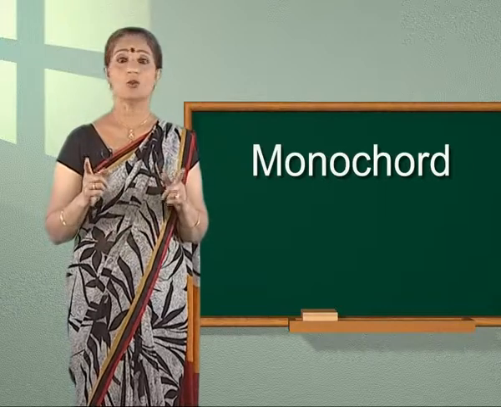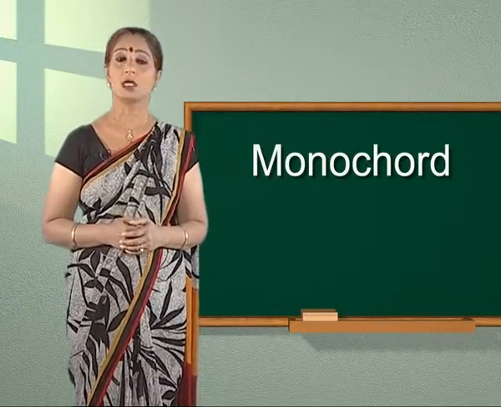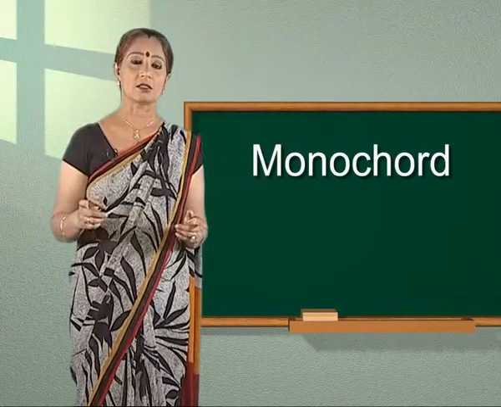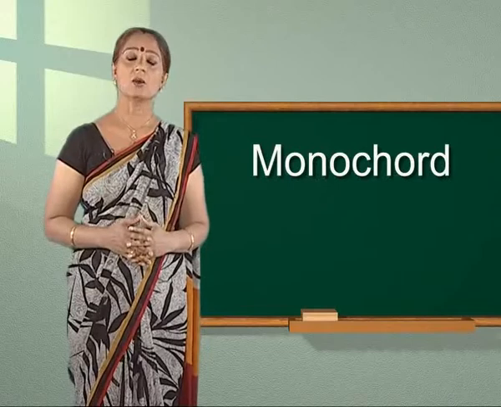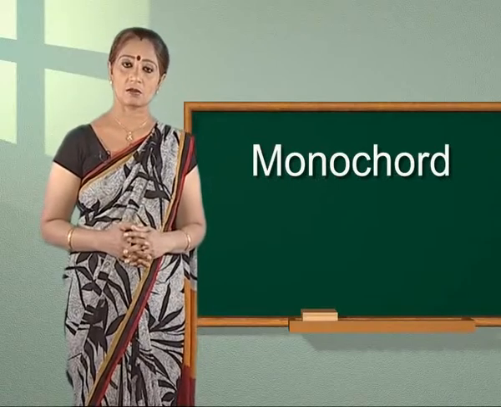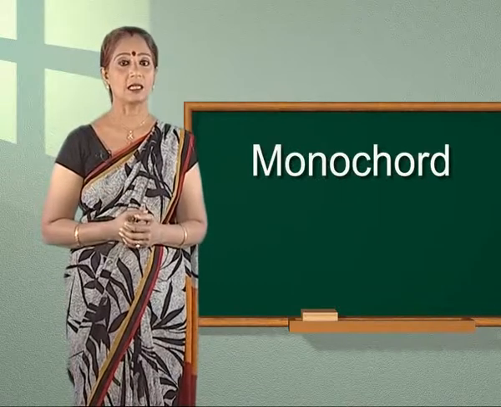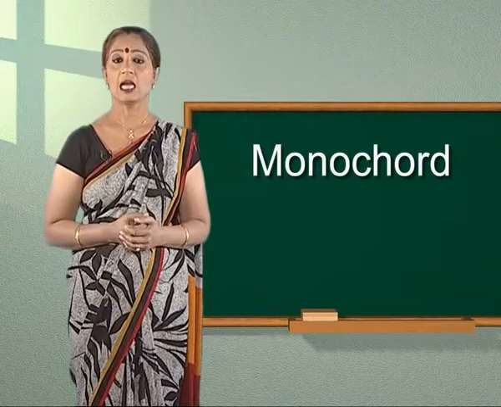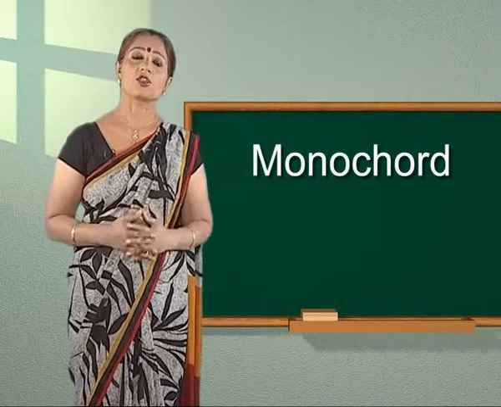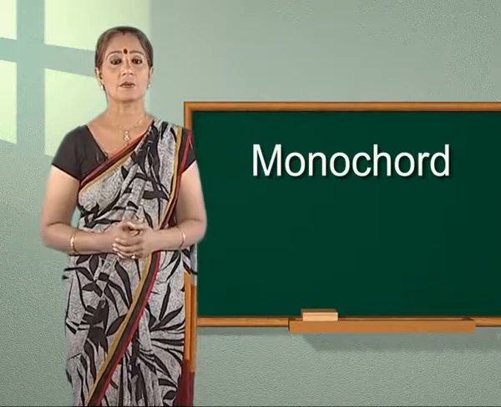There are two fixed bridges on the wooden rectangular box near its ends, and also there is a pulley at one of its ends. A string is fastened at one end, run over the bridges and the pulley, and attached to a weight holder hanging below the pulley.